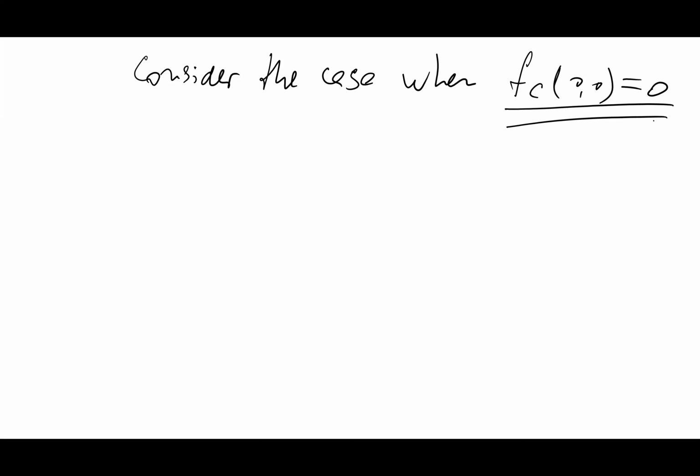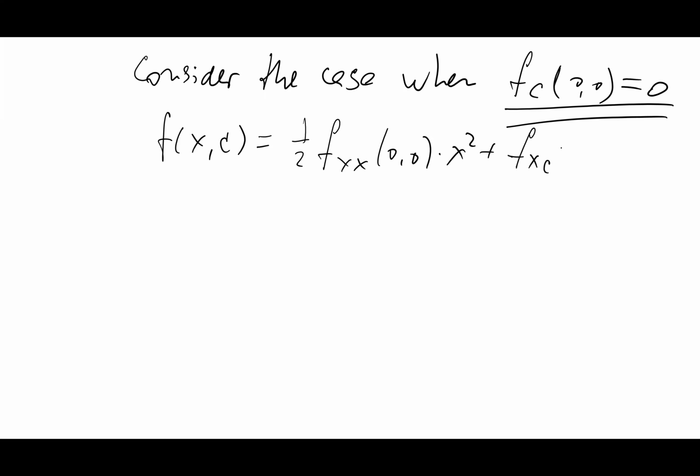If this is 0, then f of xc at 0, 0 should be represented as a second order approximation, which will be half of second derivative over x times x squared plus mixed derivative times xc plus half of second derivative over c times c squared.